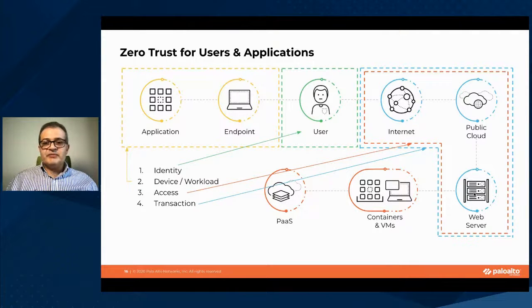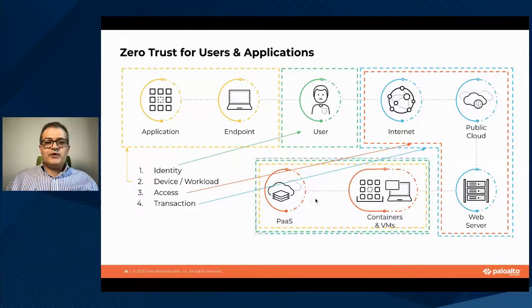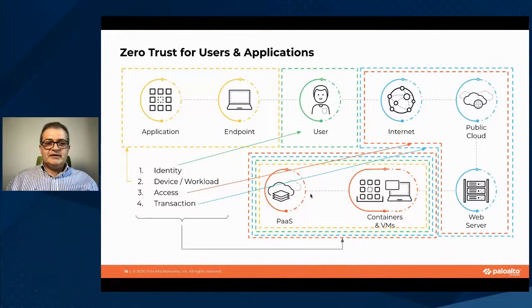But it doesn't stop there because the web server is going to interact with the rest of the application, the underlying parts of that application. And this is where things get even more interesting because in this area, we are going to have identity, the workload, the access, as well as the transaction that we need to map out in this infrastructure.